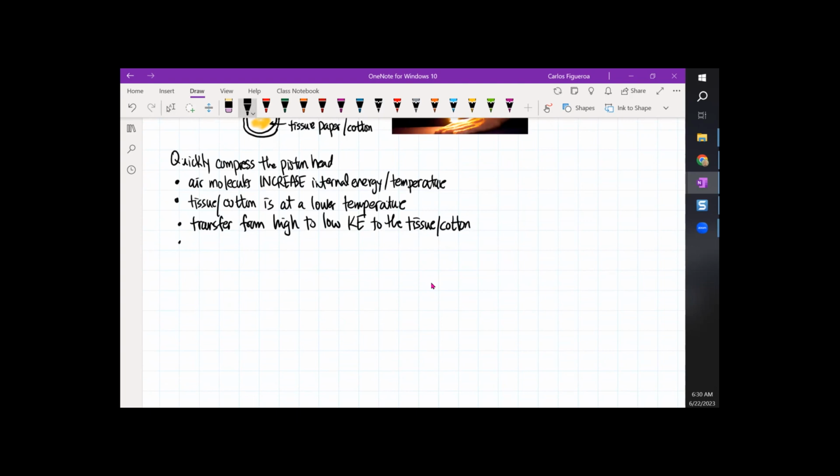And as a consequence, it increases the temperature and ignites it on fire.